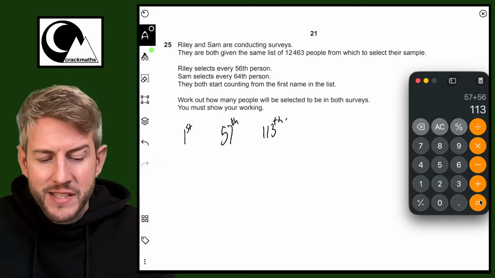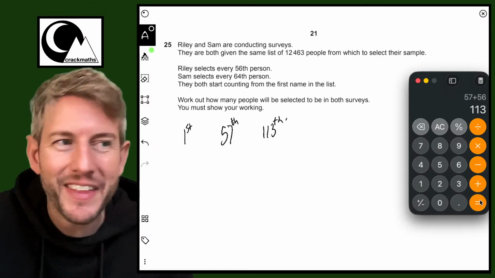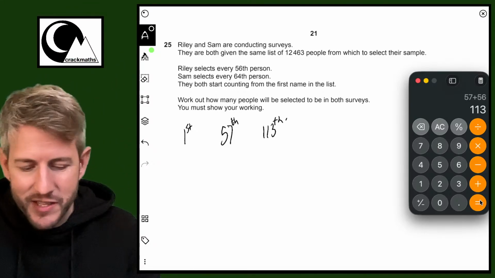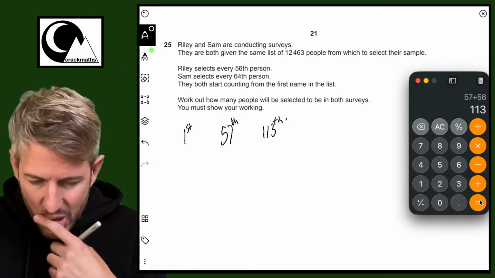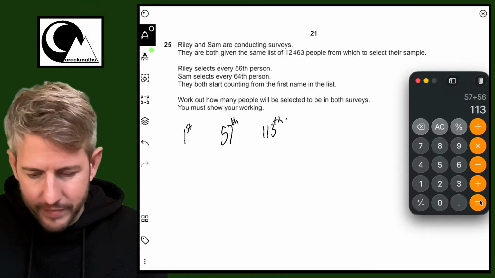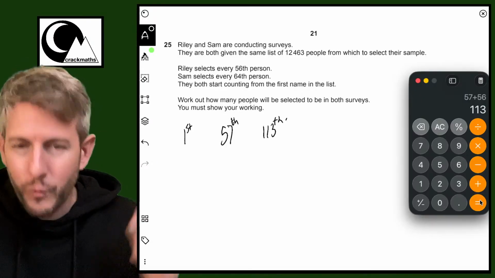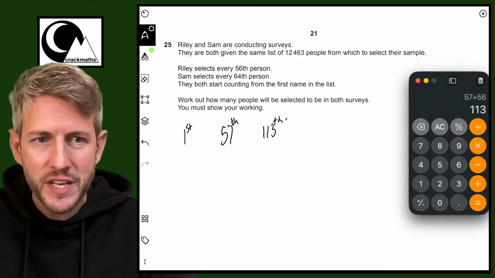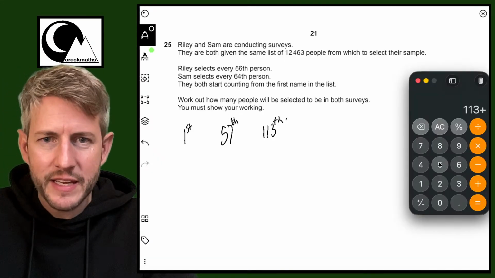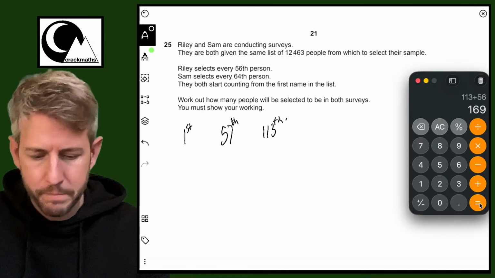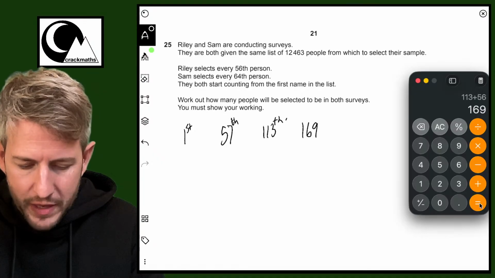Okay. So this is a sequence. Okay, I think this is what we've got to realise here. So do you know about the nth term? Okay, that's the question that we're thinking about here. Do we know about the nth term? So I'll add 56 to this again, just to get a few terms here. Then we've got the 169th person here.